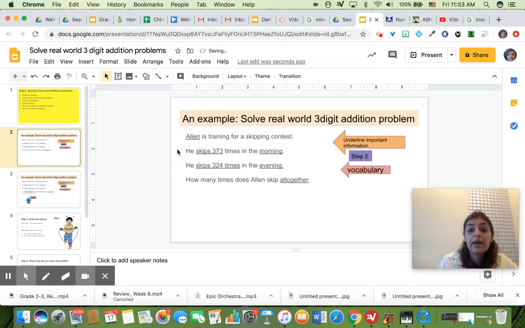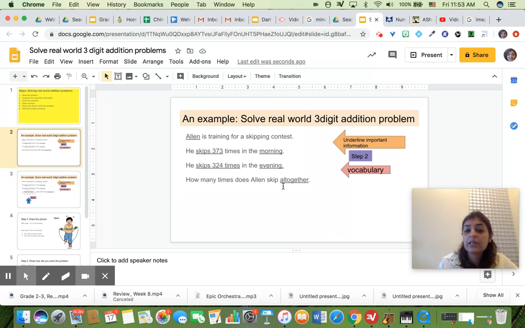And then I have also underlined that he skips 373 times. That's the number that's given to me in the morning. And he skips 324 times in the evening.